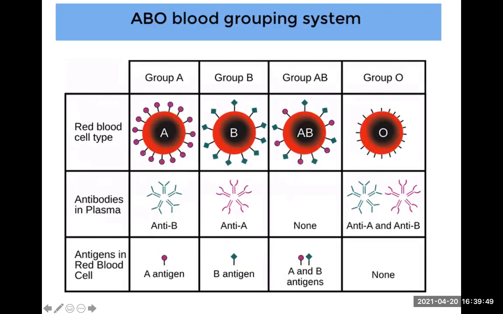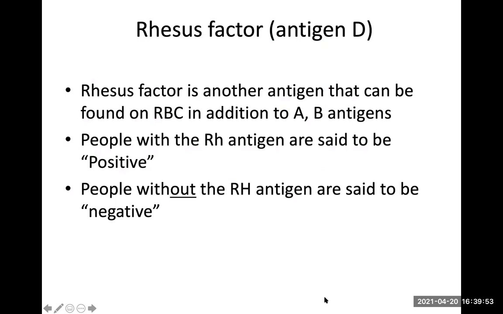What was left out of this system is the plus minus. So plus minus refers to this additional antigen, antigen D. It's called the rhesus factor. And a person can have it regardless of being A, B, or O, right? And that's why people say I'm A positive, I'm A negative, I'm O positive, I'm O negative, right?